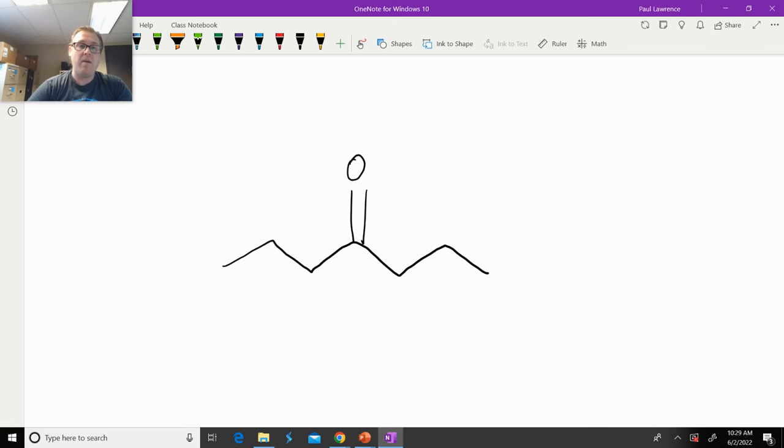Okay? And what I see here is that there is a plane of symmetry. So if there's a plane of symmetry, then that means A and those two carbons right there are equivalent. So that would also make B those two equivalent and C equivalent.